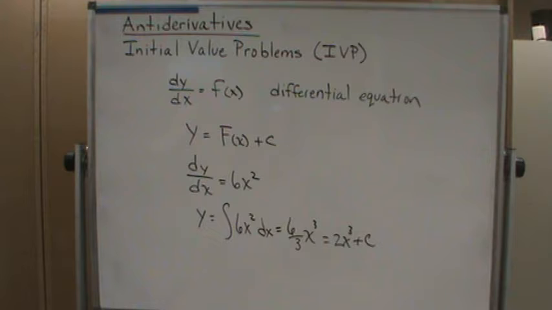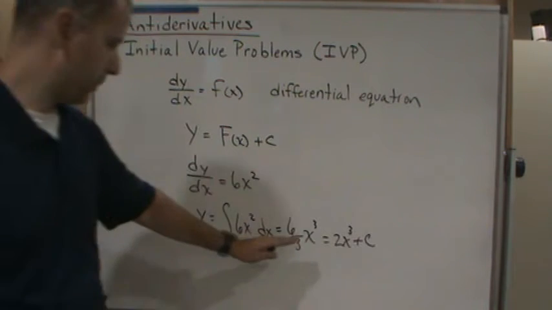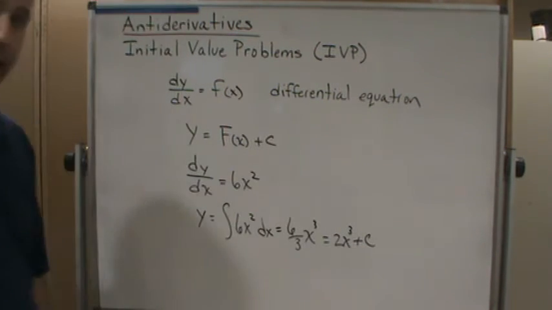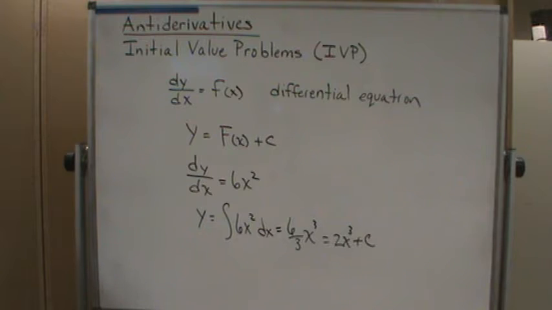Now, sometimes we are interested in determining whether a particular solution curve, right? So this represents a whole family of curves, and sometimes we're interested in whether a particular solution curve goes through a given point. Okay? And so the problem of finding a function y that satisfies a differential equation with an additional condition, right?